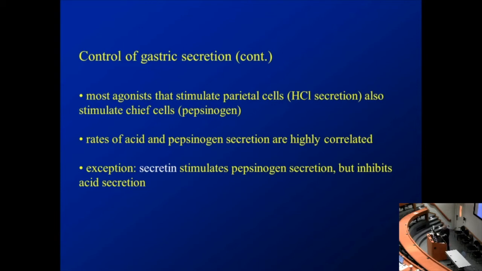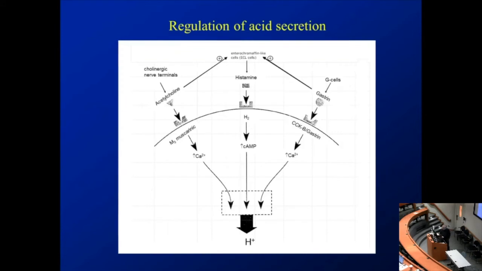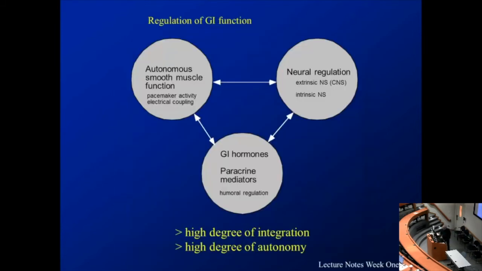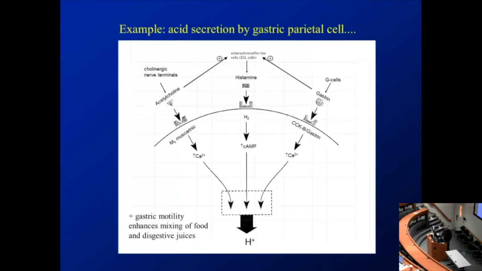I showed you this at the very beginning to illustrate how the autonomic nervous system, the smooth muscle function, and the hormones work together cooperatively and integrate responses. One example is the production of acid by the parietal cells.